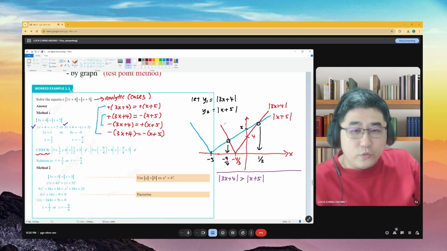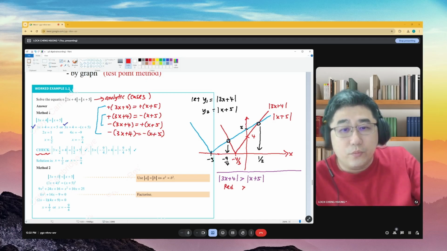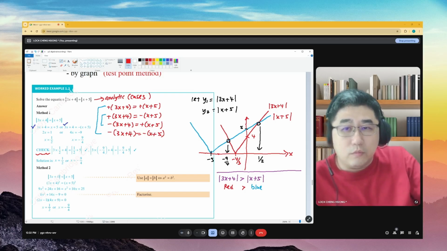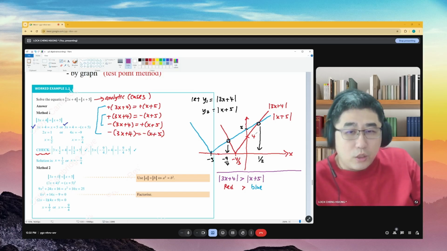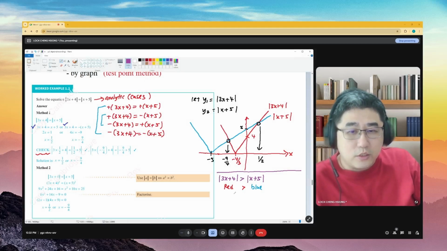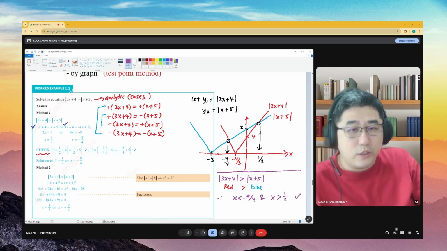With the help of the graph, you will see that I need the red part that is higher than the blue. The sections where the red is higher than the blue are x less than negative 9 over 4 and x greater than 1 over 2. That's the answer. You can see it from the graph.